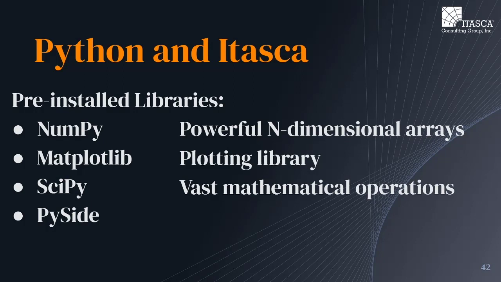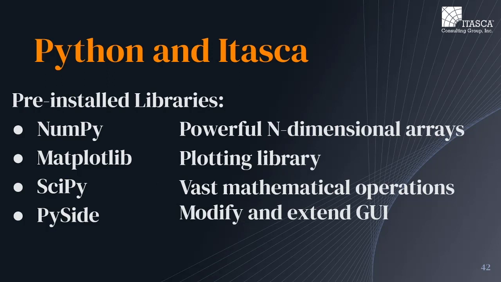And the final library is called PySide, which is the backbone of the Itasca software GUIs itself. Through the usage of PySide, you can actually modify and extend the GUI to make your own custom widgets for inputting or outputting and so forth.